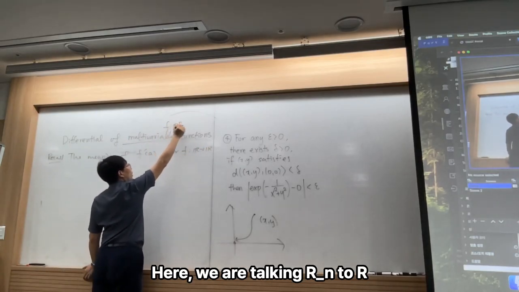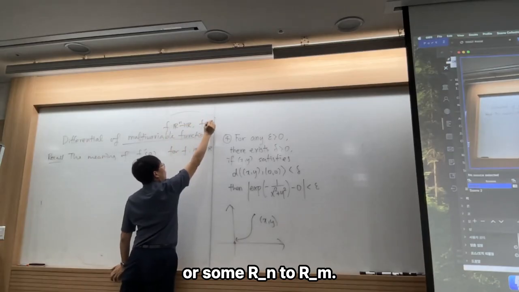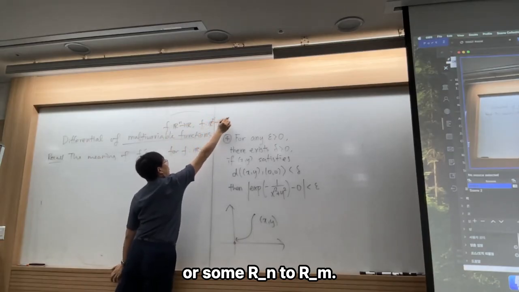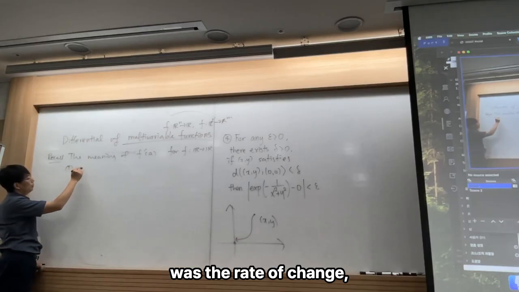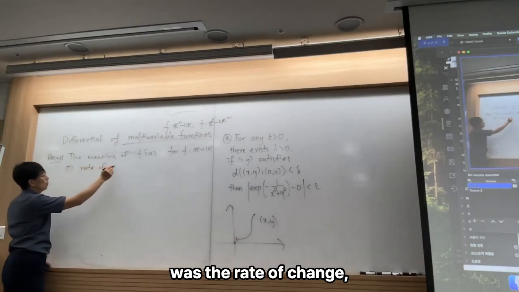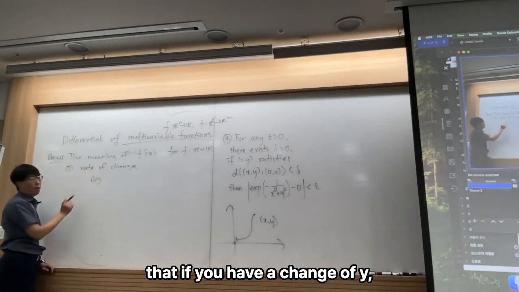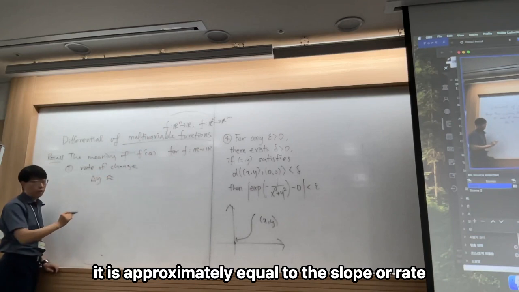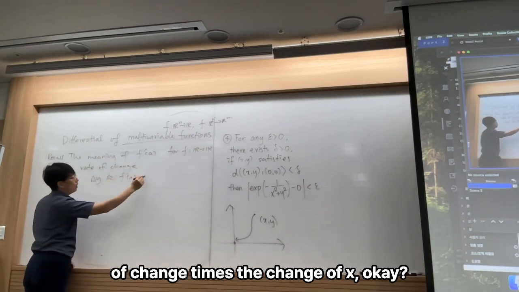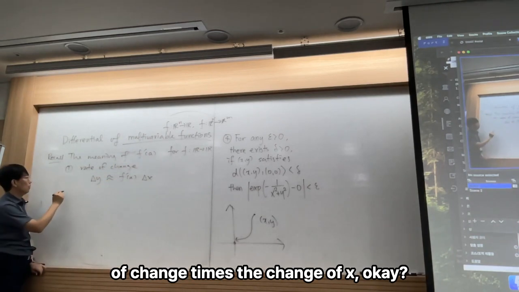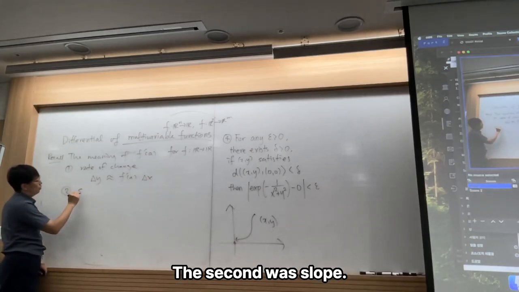Here we are talking about R^n to R or some R^n to R^m, okay? So the first meaning was the rate of change, that if you have a change of y, it is approximately equal to the slope or rate of change times the change of x. Okay? The second was slope.